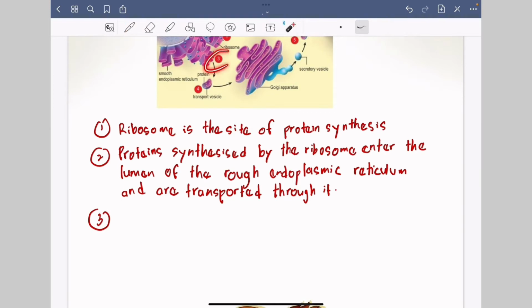The third point, proteins will be packed into transport vesicles.